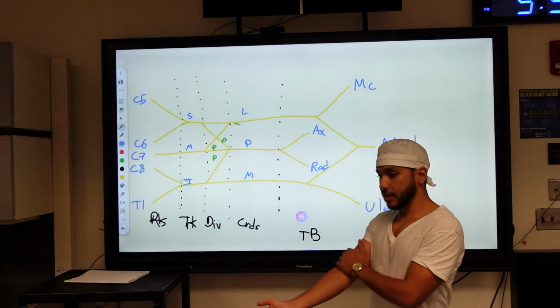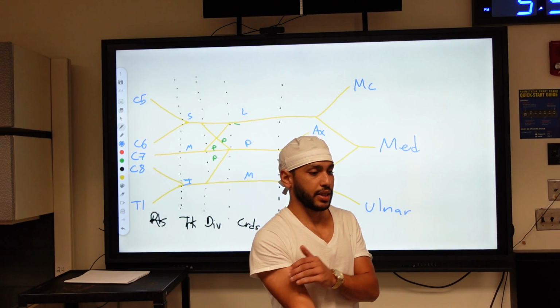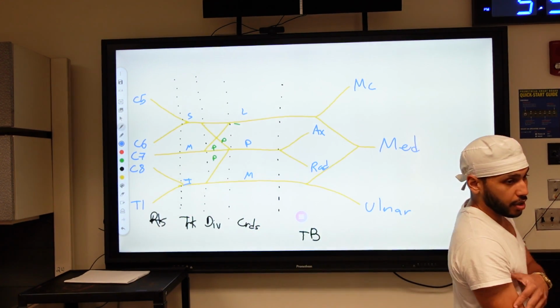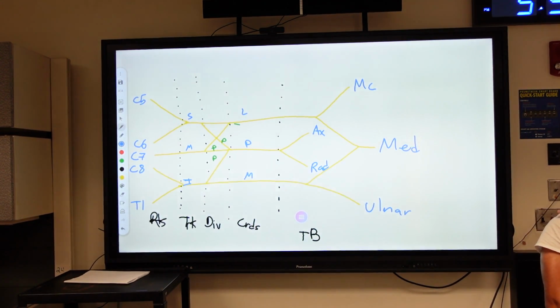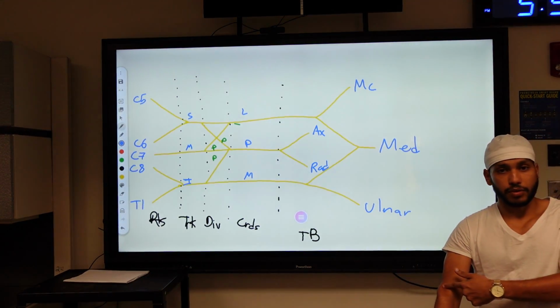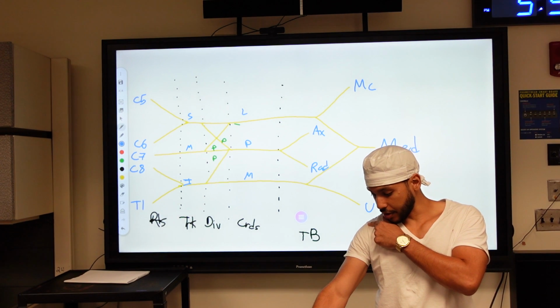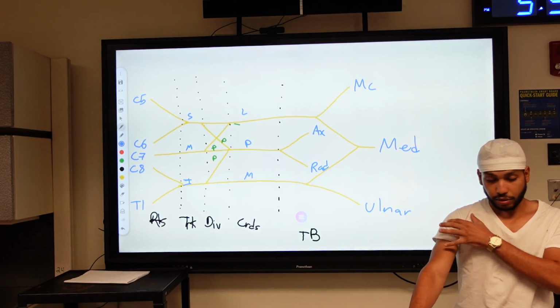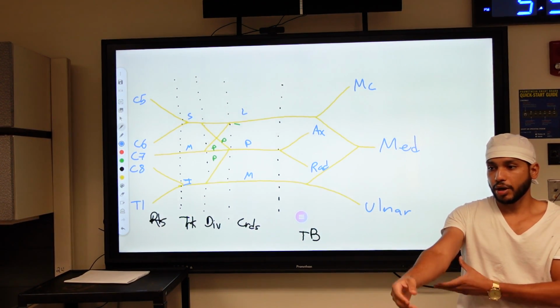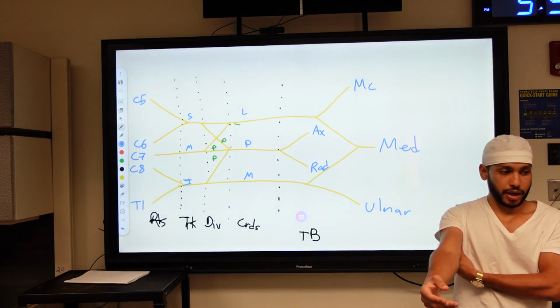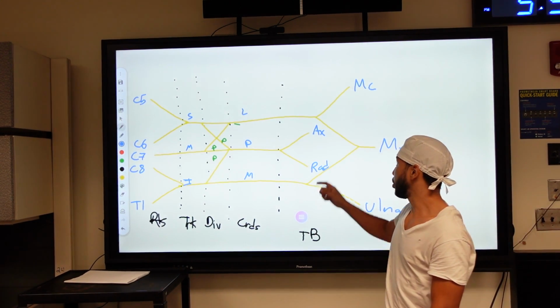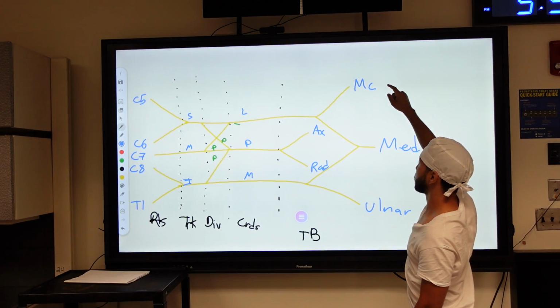So musculocutaneous is strictly dealing with all the muscles in the anterior compartment of the arm. When I'm talking about the arm, I'm talking about the segment from shoulder to elbow, right? When I say upper limb or upper extremity, I'm talking about this whole thing. But arm is just from shoulder to elbow. And it's only 2 compartments here, anterior compartment and posterior compartment, okay? Anterior compartment is all musculocutaneous, okay?